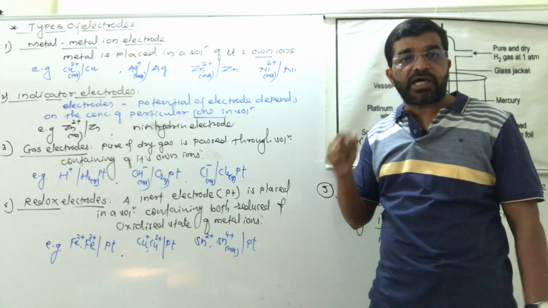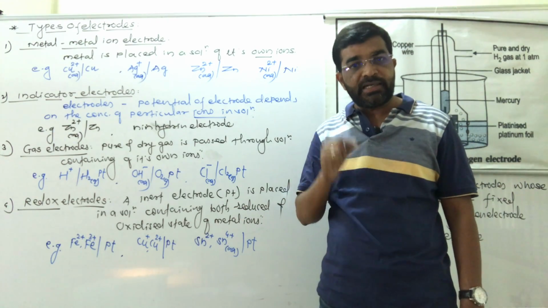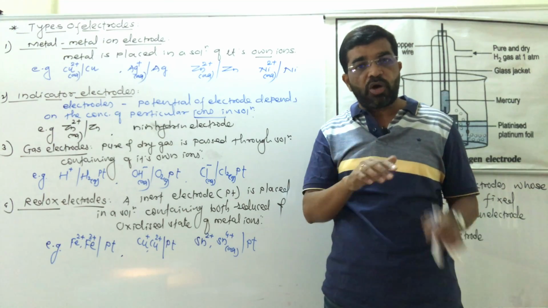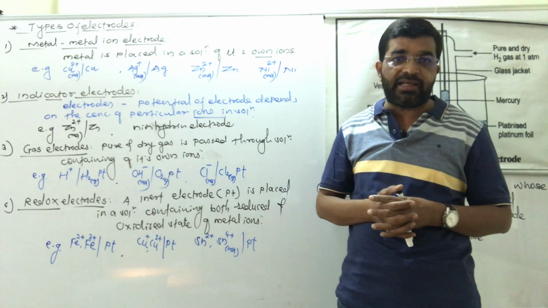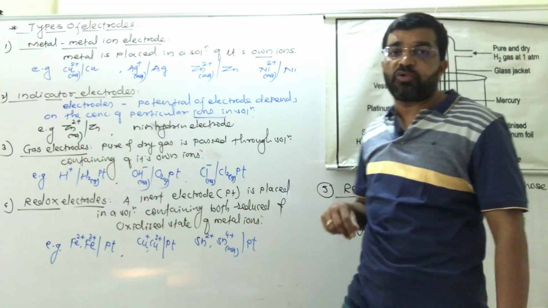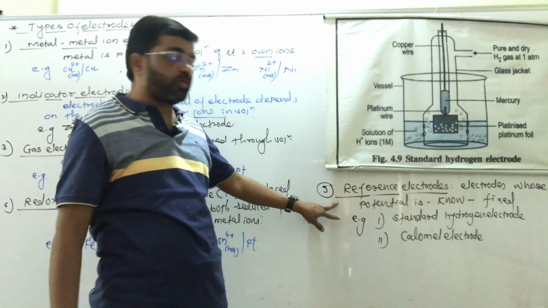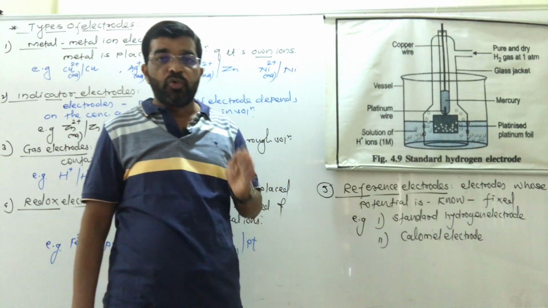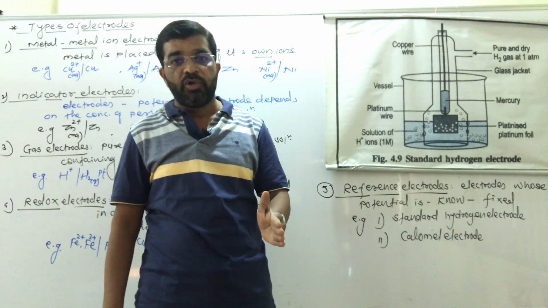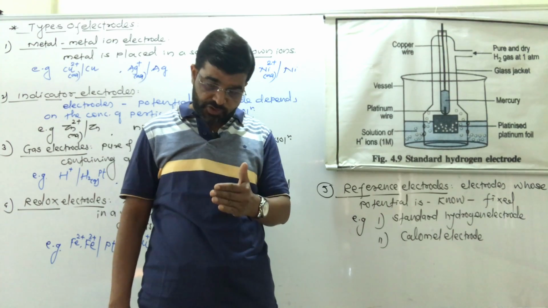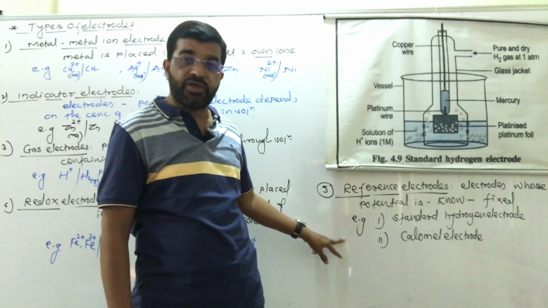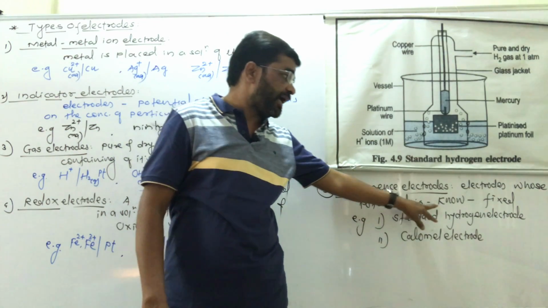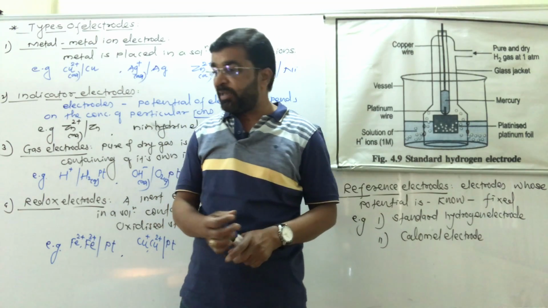Redox electrodes use an inert electrode placed in a solution containing both the oxidized and reduced states of a metal ion. And the fifth type is the reference electrode, whose potential is already known, arbitrarily fixed. Two best examples are the standard hydrogen electrode and the calomel electrode.